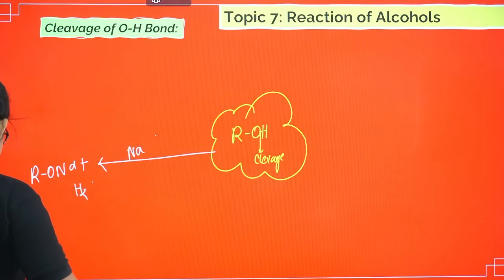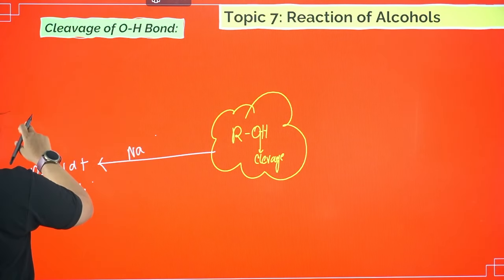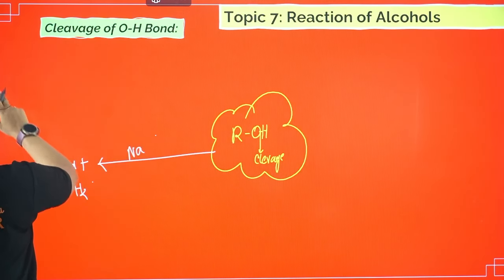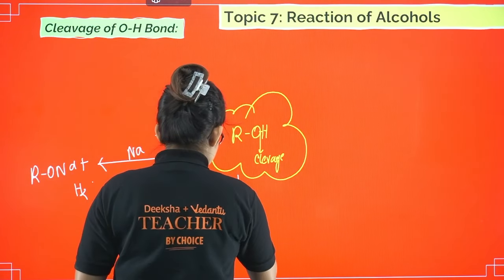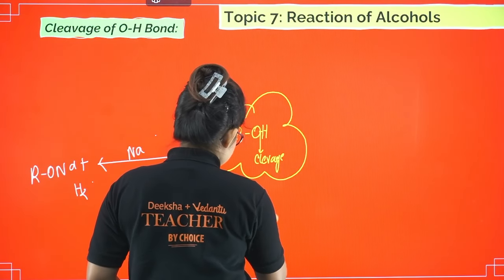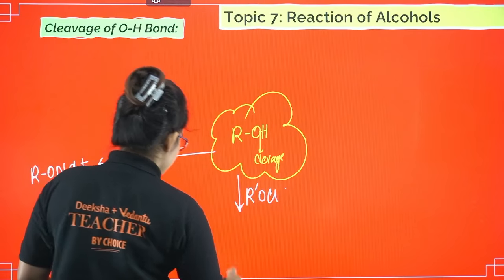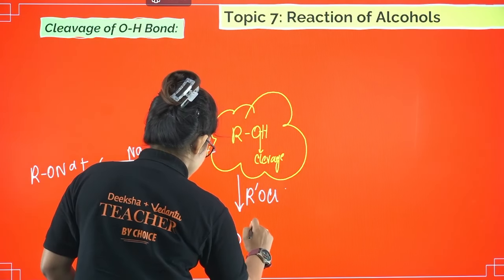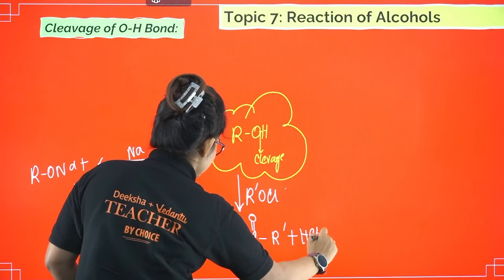Fine. Next we can proceed with the acidity of alcohols. So for the acidic nature, let's treat this with RCOCl, another R prime OCl. Here we will end up with RO-C=O-R prime plus HCl.